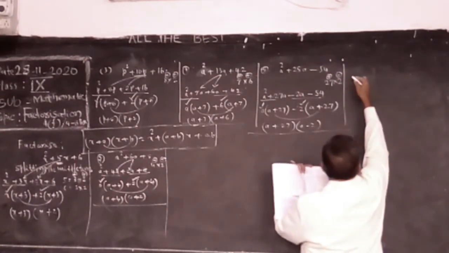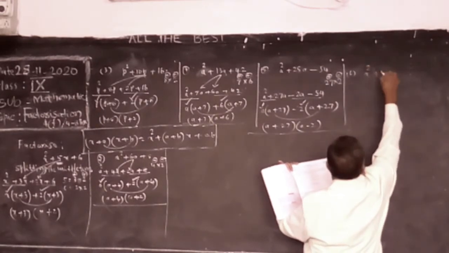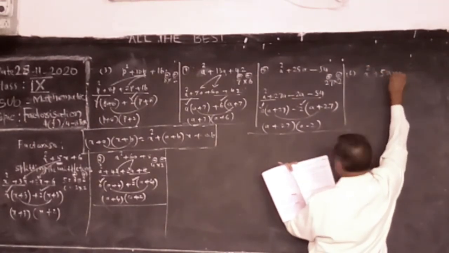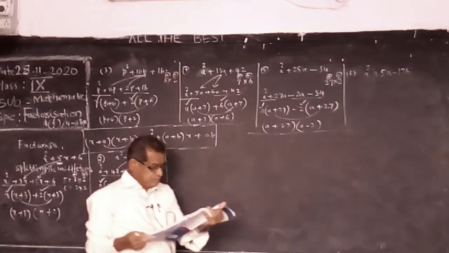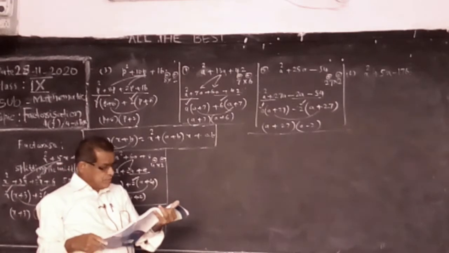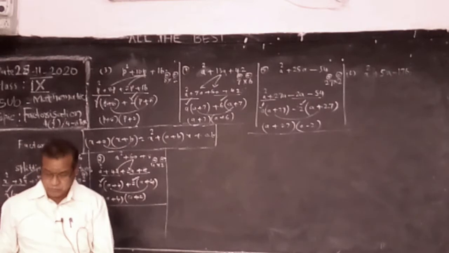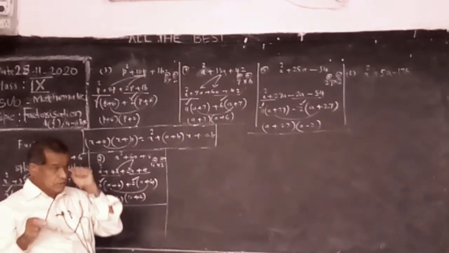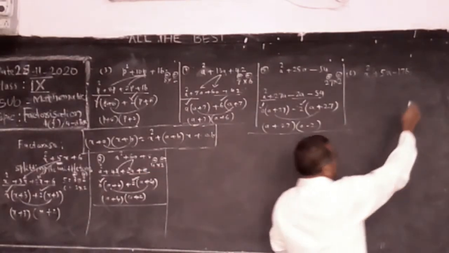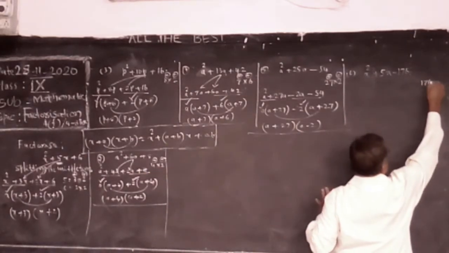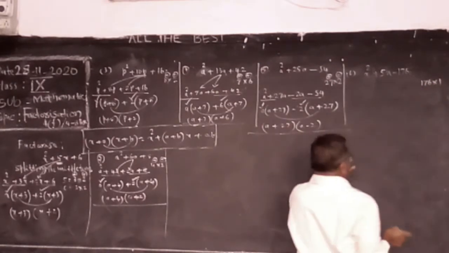Sixth, x squared plus 5x minus 176. 176 can be written as 16 times 11. This is a monic quadratic equation.